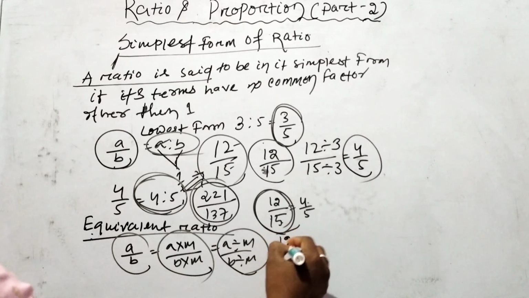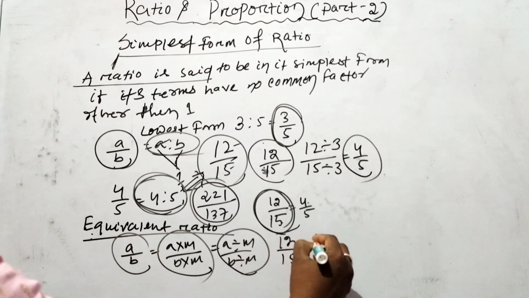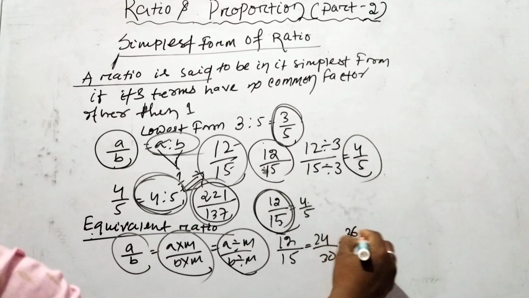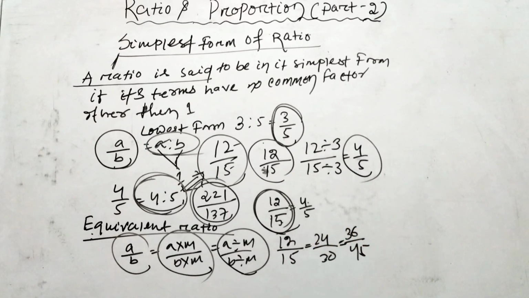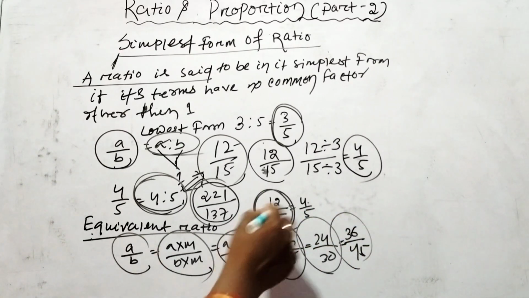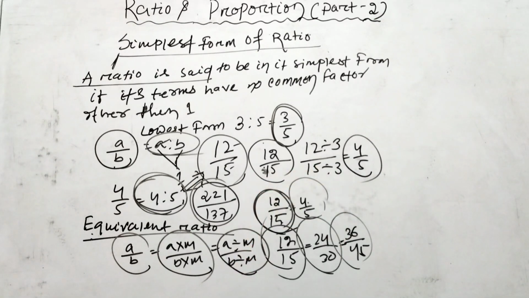Then 12 by 15, 24 by 30, and 36 by 45 are equivalent ratios, because when you find the lowest term of each, we get 4 by 5.